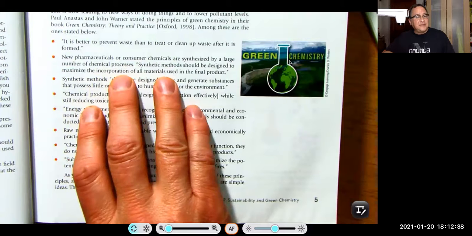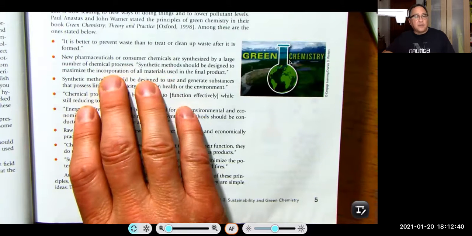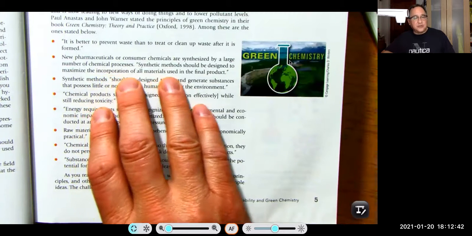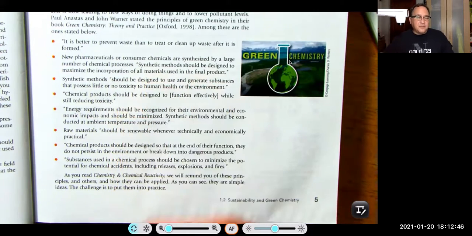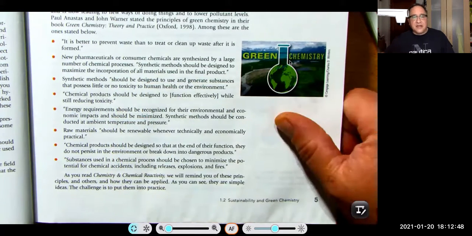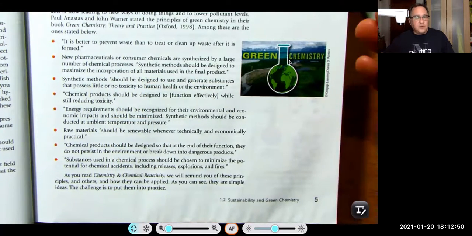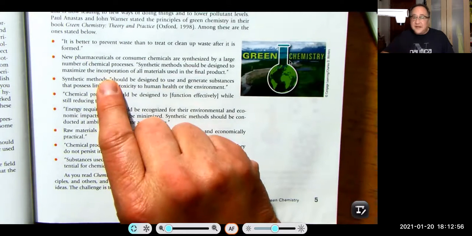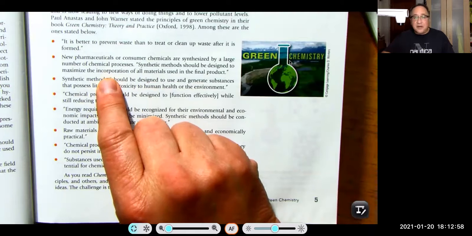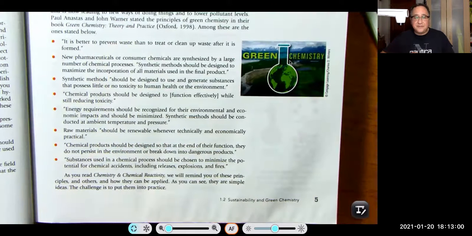Synthetic methods should be designed to maximize the incorporation of all materials used in the final product. Well, that means if you incorporate all the materials into the final product, there aren't any leftovers, which is what we would call waste. So this second bullet is just a more specific example of preventing waste.